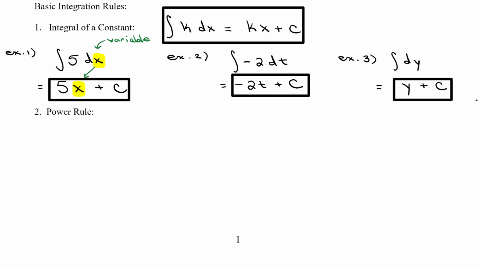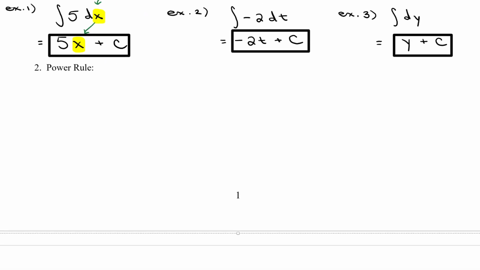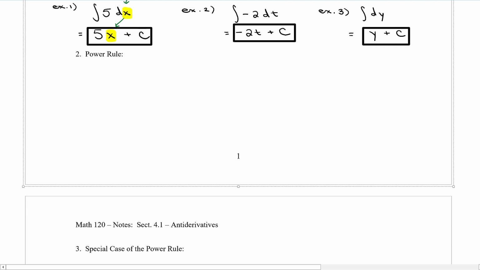Number 2, the power rule. So the integral of x raised to the n power dx is going to be equal to x raised to the n plus 1 power all over n plus 1.